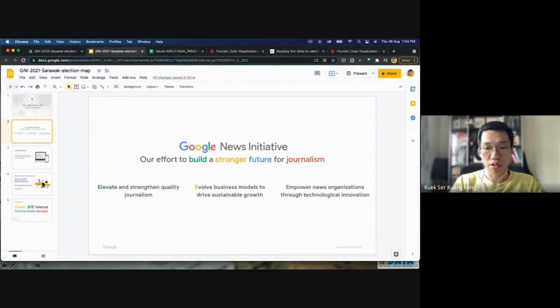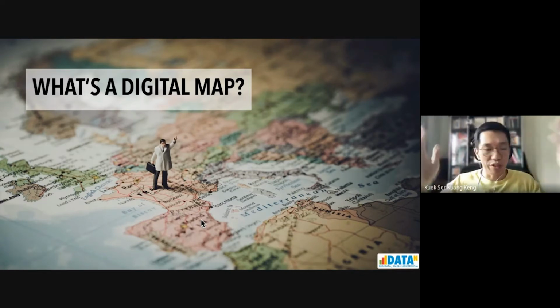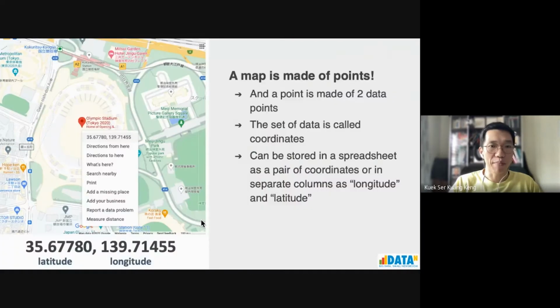Let me give you a very short introduction to digital maps. What is a digital map? We all have seen a physical map, a piece of paper with different details and data on it. But what about a digital map? A digital map is actually made of points. We first start with different points on the map, and those points come in pairs.